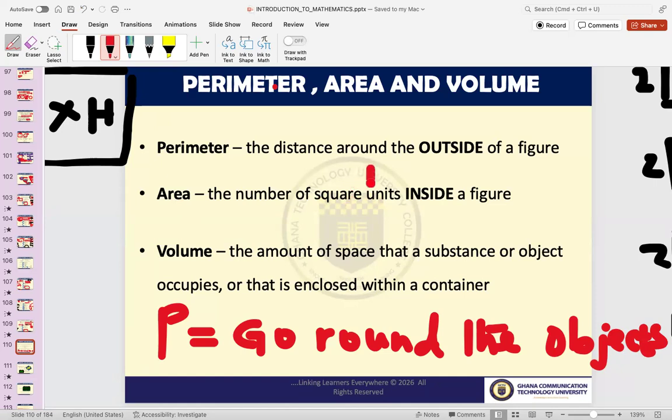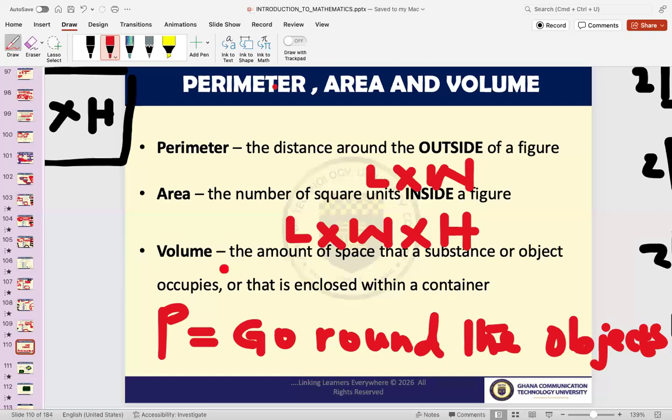Look for the length, look for the width, and then multiply them. You get the area. If you want the volume, very simple. Look for the length, look for the width, look for the height, and that will give you the volume.